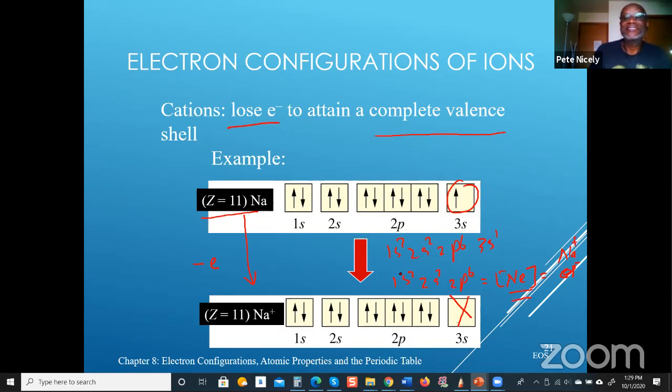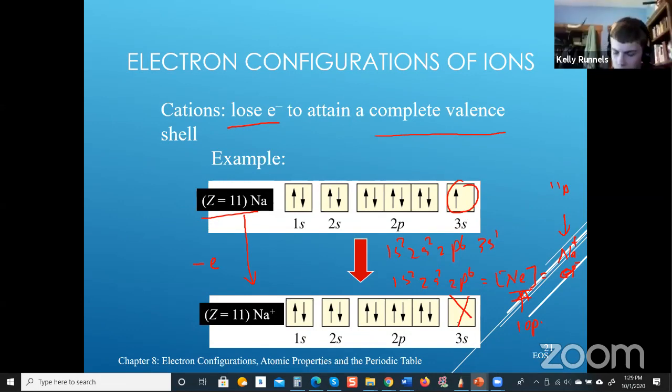Again, that doesn't mean that sodium becomes neon, because sodium has 11 protons, while neon has 10 protons. They have the same number of electrons, so sodium cation and neon are said to be isoelectronic.